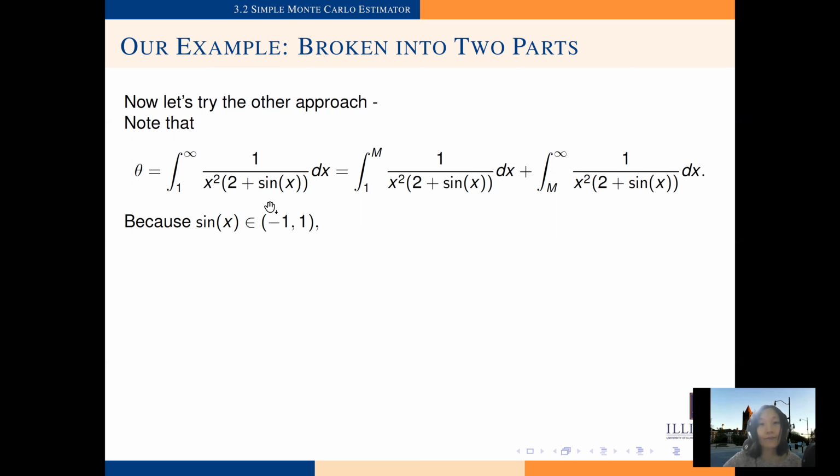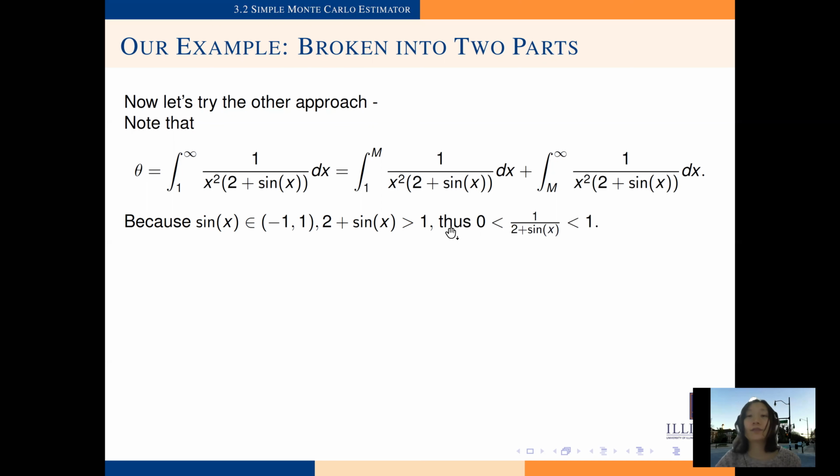Because sine of x is always bounded between -1 and 1 for any possible x value, we know that 2 plus sine of x is greater than or equal to 1.